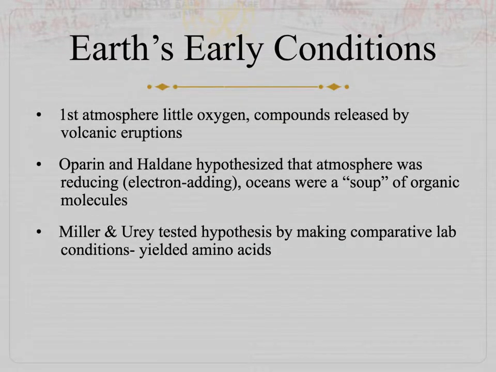The conditions of Earth's early atmosphere were very low oxygen, with lots of toxic compounds being released by volcanic eruptions. It was a very hostile place, most scientists predict, as the planet was developing and things were coming together.